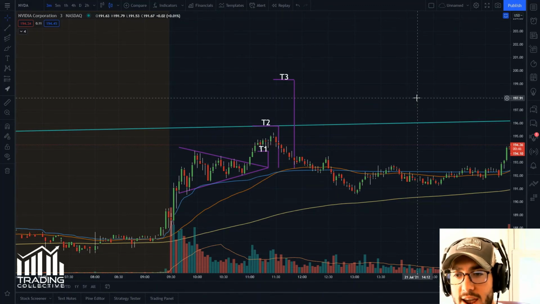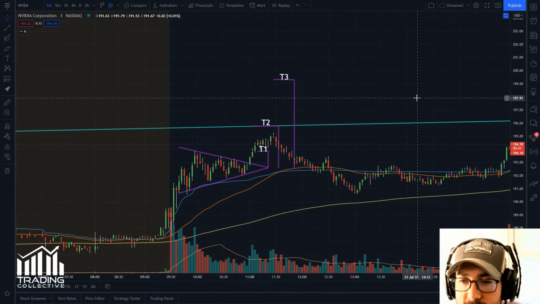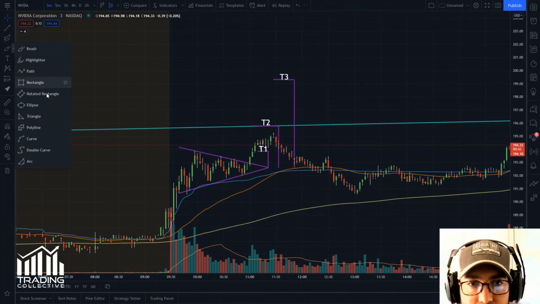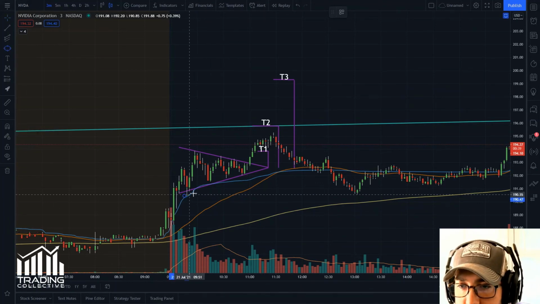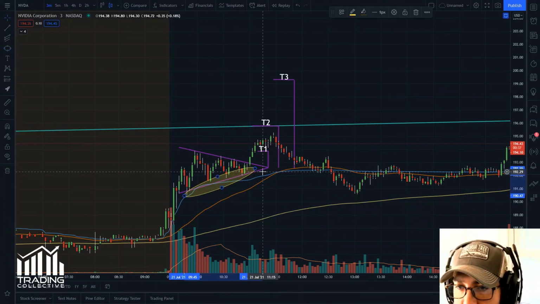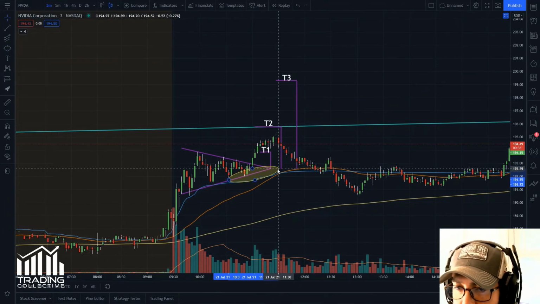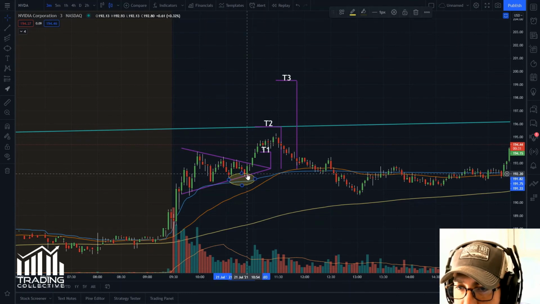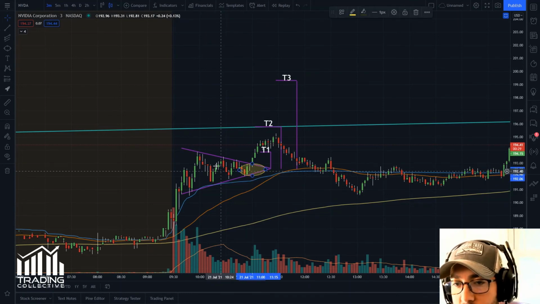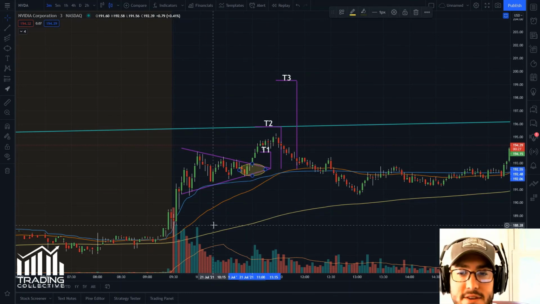And you're kind of looking for these things, looking for your entry being within this point here. And I really don't even advise trying to enter early as the wedge is still being defined.